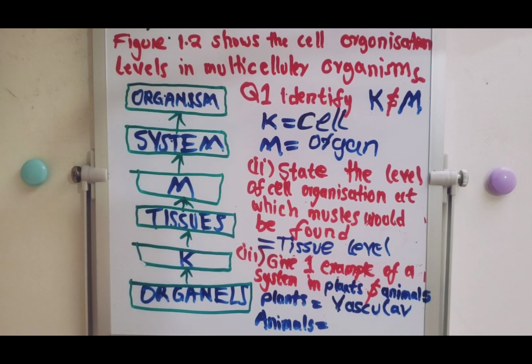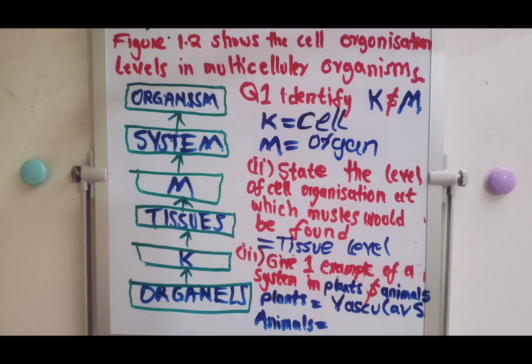So we have the vascular system. The vascular system in plants is the one that involves the transportation of substances, both fluids and non-fluid substances, in the plant. There are other systems that you can mention, they just want one. So vascular system.